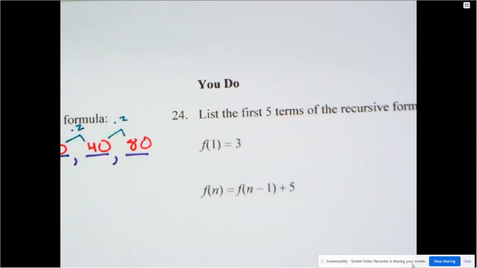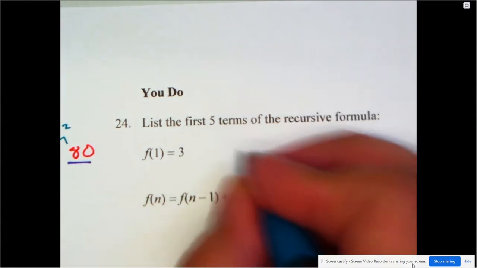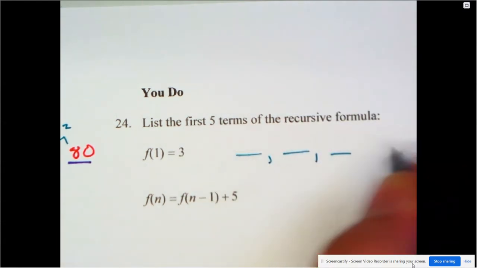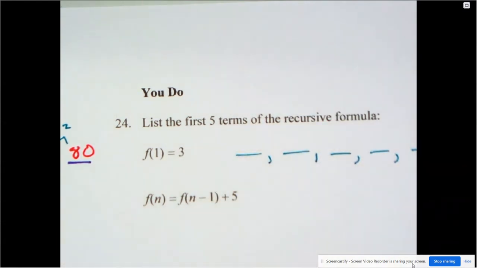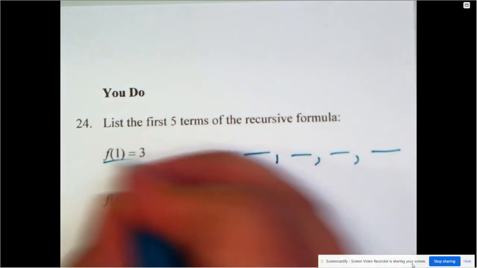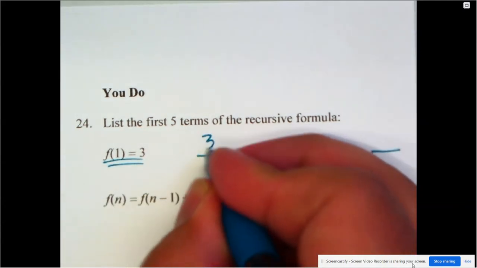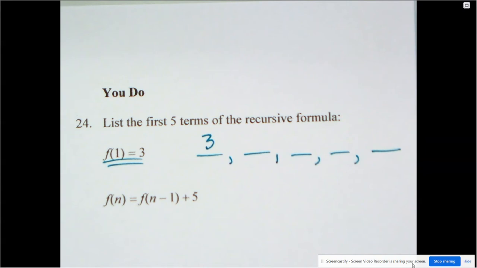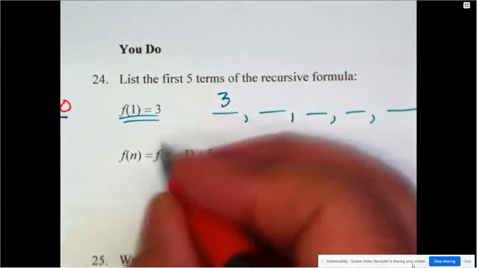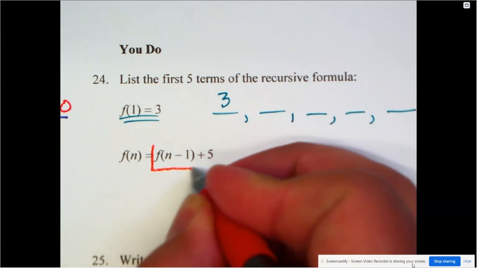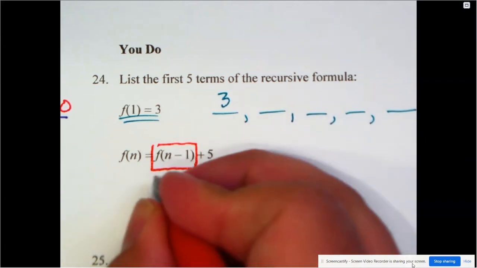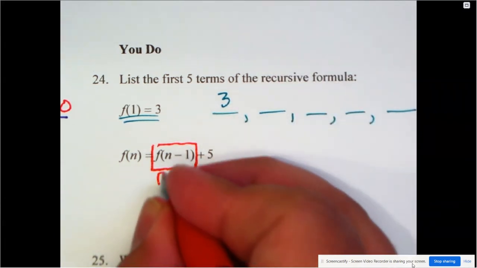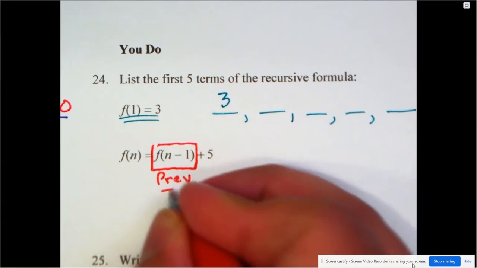So look at this one. They said, give me the first 5 terms. 1, 2, 3, 4, 5 terms. Well, they already gave you the first one. 3 is the very first term. And now it's time to look for the pattern. So this is what I was trying to get at. If you look at this right here, this is what represents that 3. It's the previous term.